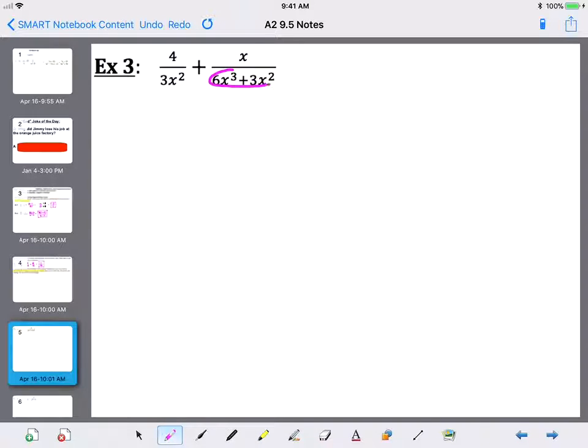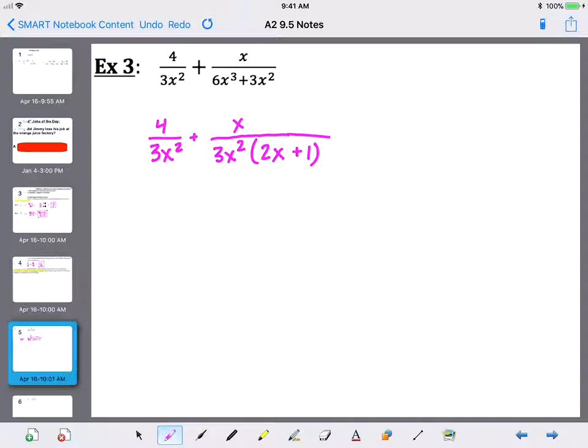Notice we can factor this denominator. So I'm going to leave the first fraction the same, and then in that second fraction, 6x cubed and 3x squared both have a 3x squared in common. So if I factor that out, I'll be left with 2x plus 1. I have to get 6x squared, so I need 2x to get that, and then plus 1.